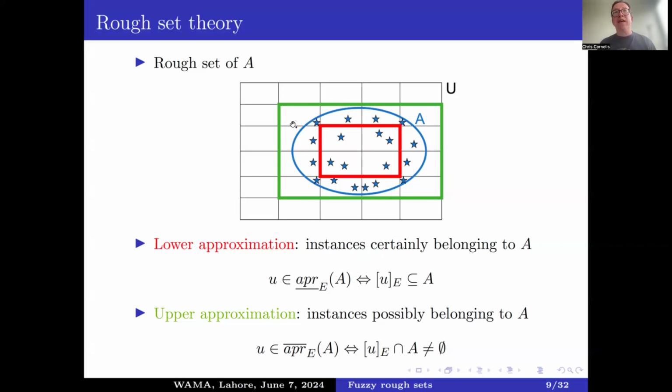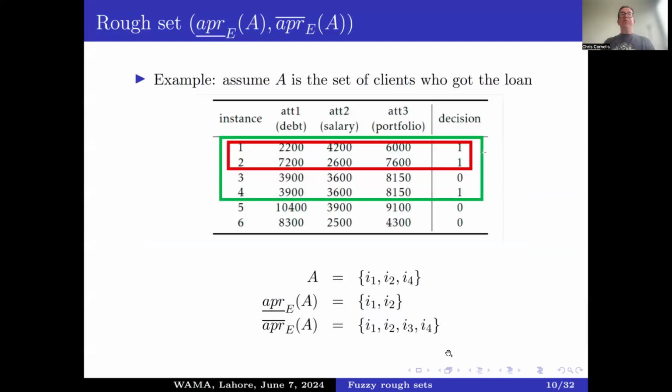For instance, this rectangle here in the top left position, there is one object inside of A, so this whole block will be added to the upper approximation. And as a formula, this reads U belongs to the upper approximation if the equivalence class of U has a non-empty intersection with the set A.